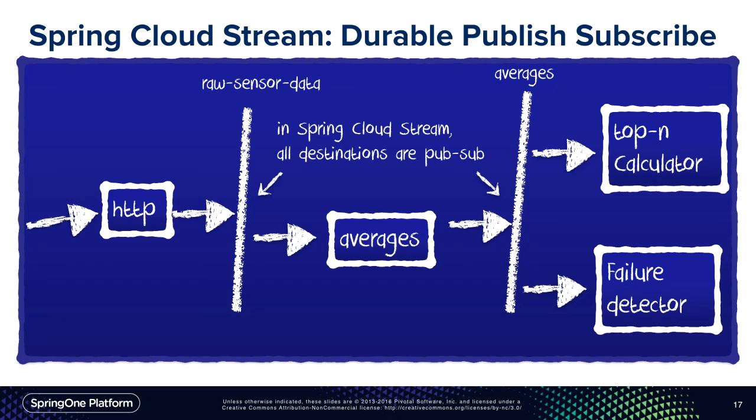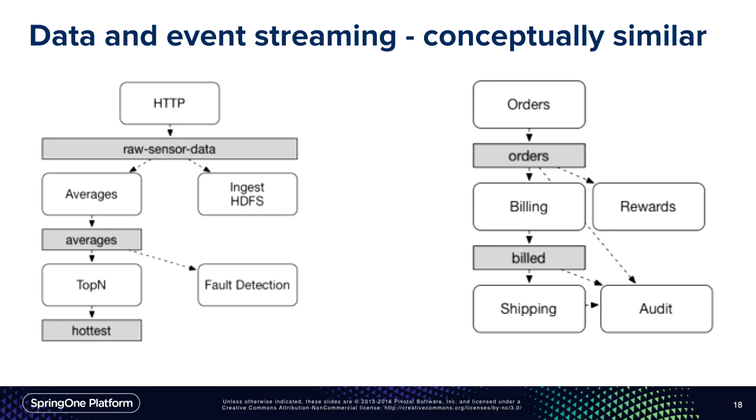If you want point-to-point, you have other options, but we have built this as a first-class citizen. So for example, I can add other things, like an HDFS ingester for raw sensor data, or a failure detector for computing averages. And this model maps very well and is conceptually similar when we talk about data and averages and ingesting into HDFS, or when we talk about orders and what moves over the wire.